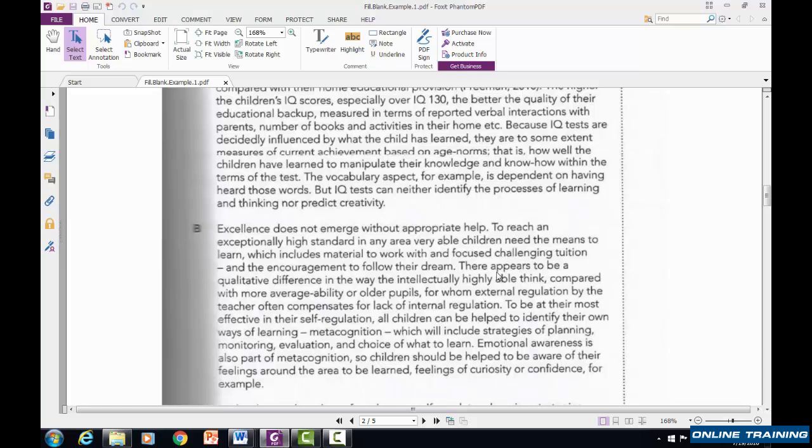So our answer is internal regulation, because the words "lack of" are the same as "do not have." We know our answer has to connect to "do not have." So that means that our answer is internal regulation. See how it works?